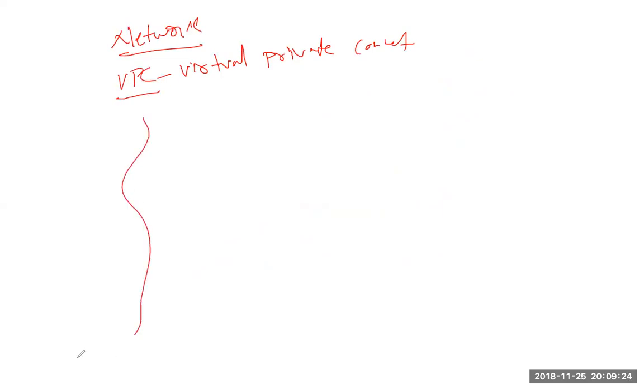In the network category, the first service is called VPC. VPC is Virtual Private Connect. Now, for example, I have a user. This is company XYZ.